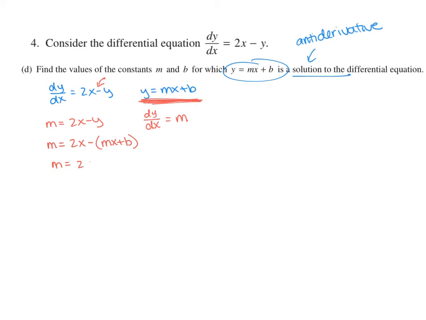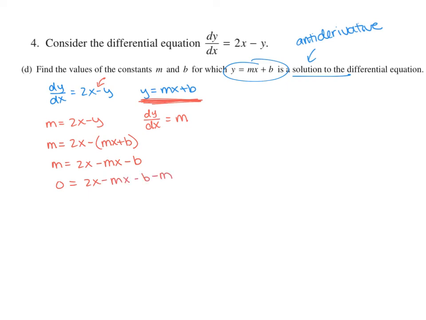So we would have m equals 2x minus mx minus b. So we have 0 equals 2x minus mx minus b minus m.